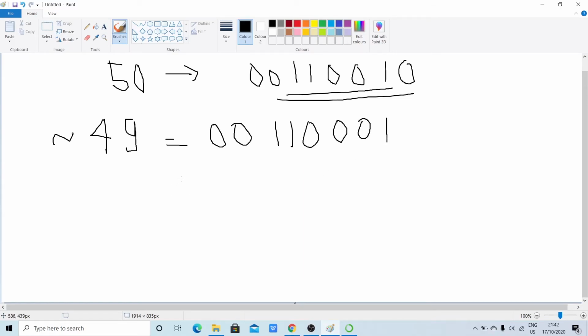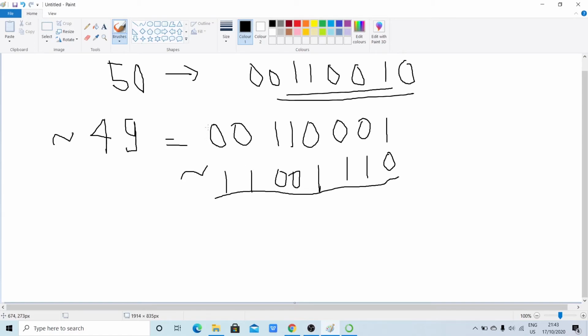So now we'll just find the negation of this. So here 1 becomes 0, 0 becomes 1: 1 1 0 0 1 1. So here this is the complement of the binary form of 49, which is just the reverse of 49 what we got.